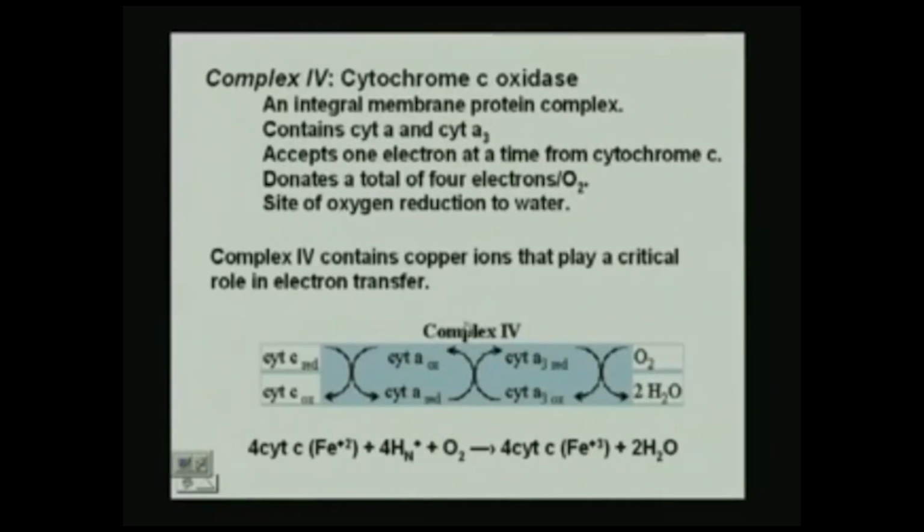Then we have complex 4, that is actually again cytochrome C, and in this case what happens? A total of 4 electrons go to oxygen, and this is the site of oxygen reduction to water.